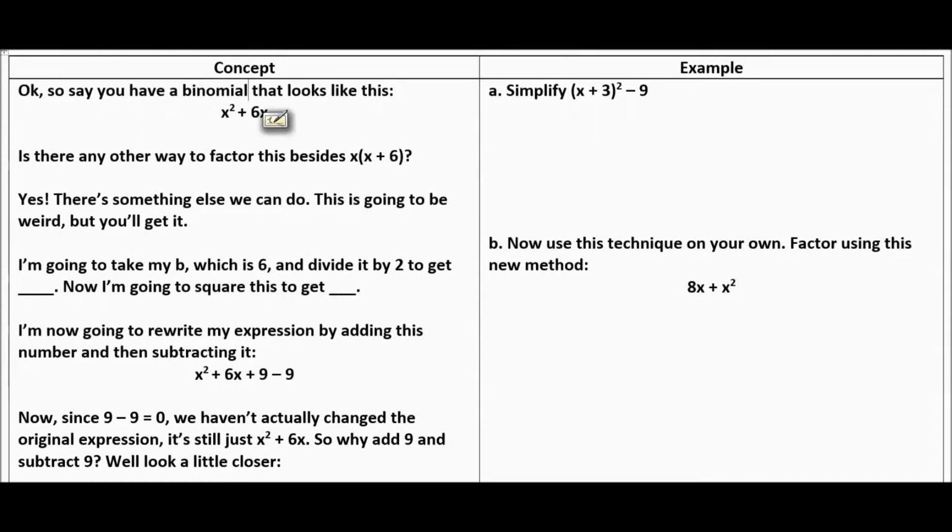Concept. The concept here is, say you have a binomial that looks like this: x squared plus 6x.